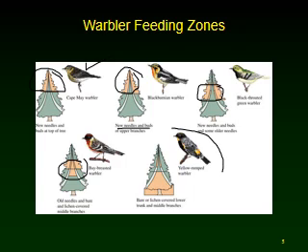Then we have the yellow-rumped warbler, the 5th species. Notice it feeds toward the bottom, the bare and lichen-covered lower trunk and middle branches. Now, this is a classic study in ecology, one of the very important ones in the literature.